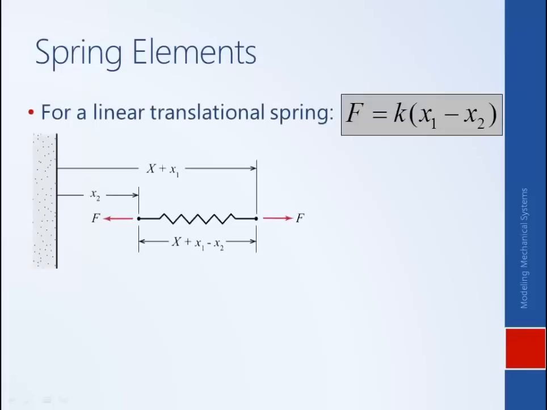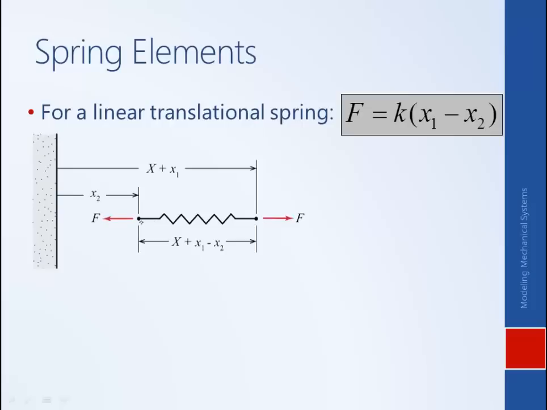The way that we will typically model the force generated by a translational spring is using Hooke's law. That is, the force generated by the spring is proportional to the deformation of the spring. So if we look at this figure, capital X is the undeformed length of the spring, and the total deformation of the spring is the difference in the motion between the two ends.